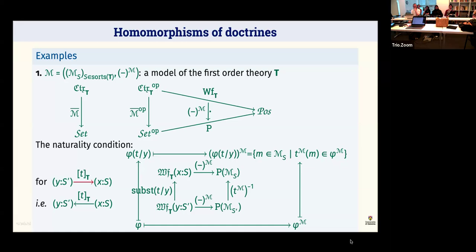Start with a formula with y as a free variable at most, and interpret it with respect to that sort, with the usual interpretation for models of first order theories, as a collection of elements of the set, and then take inverse image with that function.